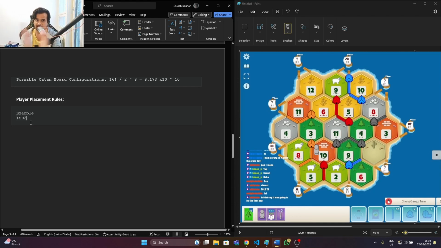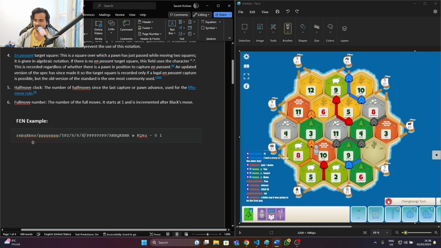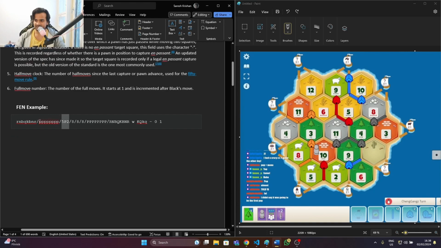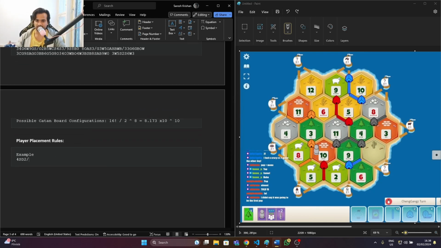We don't know what the length of the whole thing is going to be. So we need the slashes like in the chess notation, because it can vary from number to number. Even in these ranks, it's PPPPP, but it could have empty spaces as well. So let's do that. We have 4SD2, and then in the second rank out of 10, we have 2 empties and then a road. For a road, let's use R, and that's also for D.